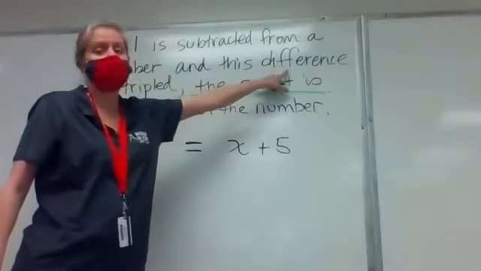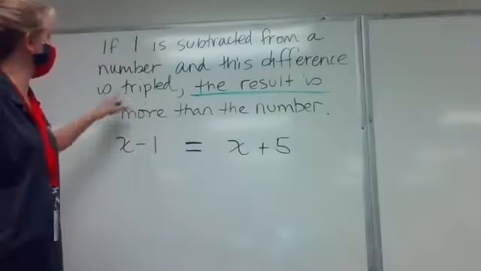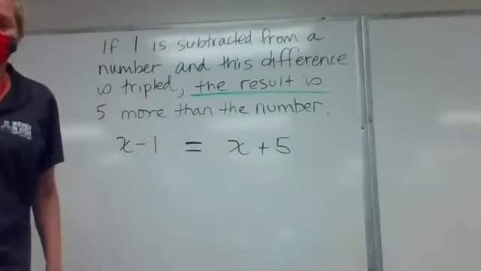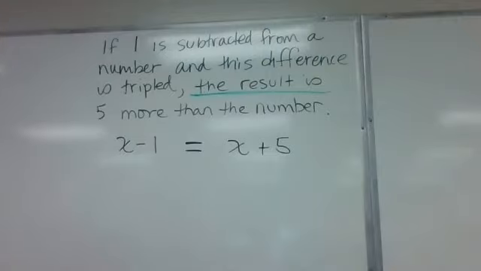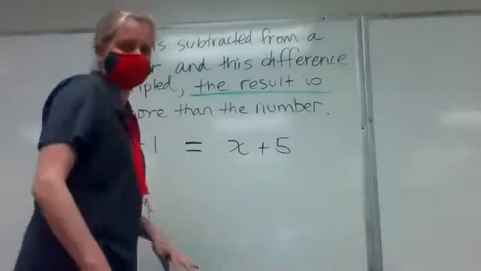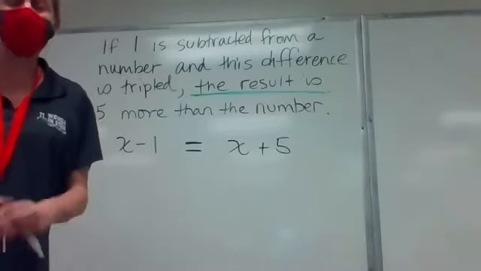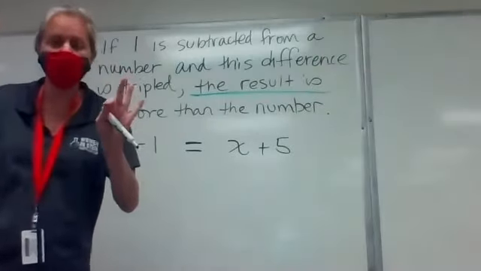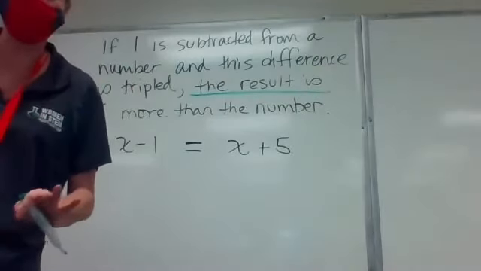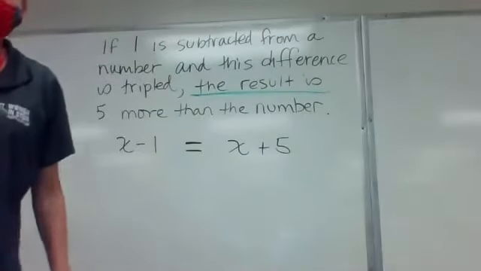And this difference, that just means you did some subtracting. The difference is tripled. What did we say the words tripled and doubled mean? They mean you're going to multiply, and tripled means you're going to multiply by 3, right? If you are tripling something, that means you are multiplying it times 3.